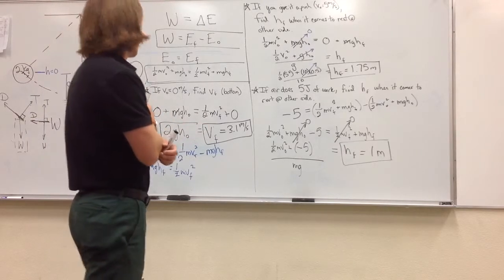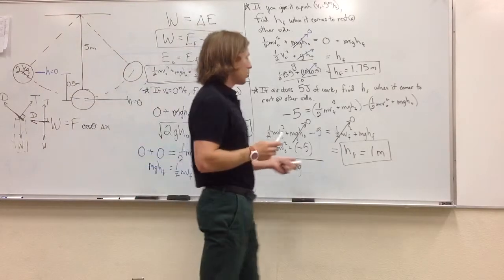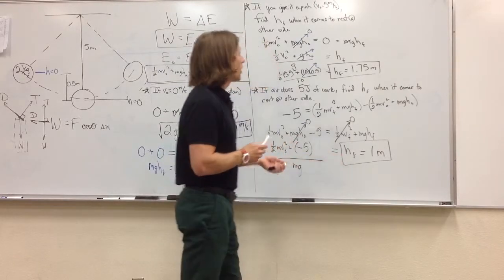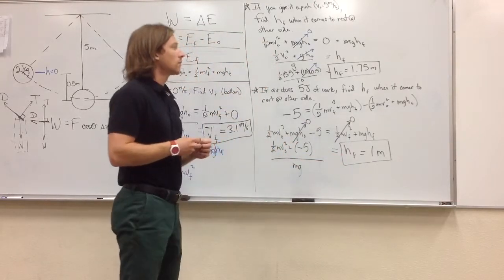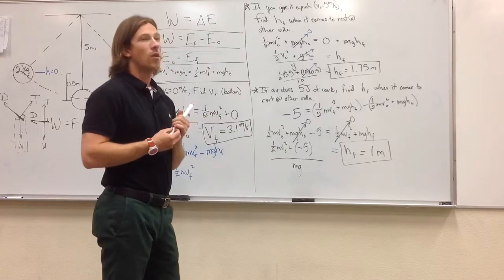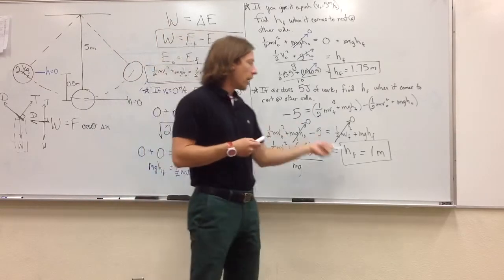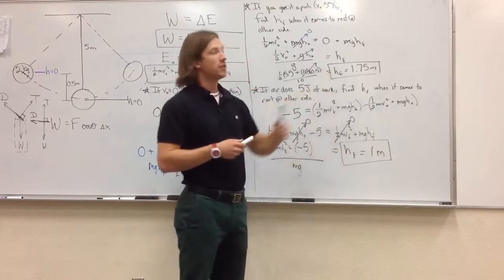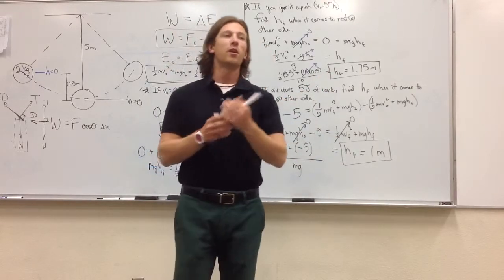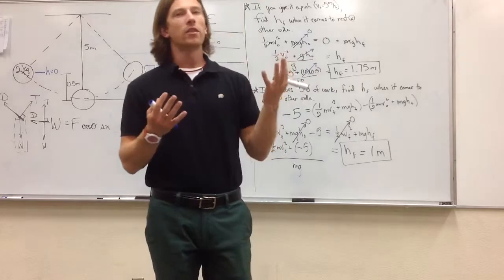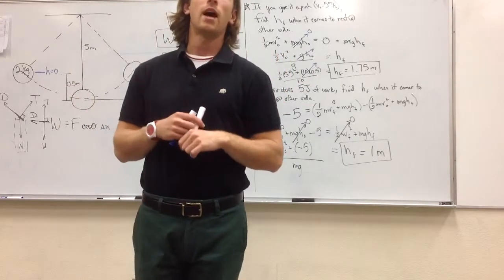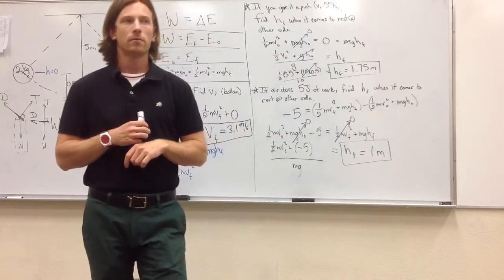My final height would be 1 meter above where it started, whereas before, when no work was done, my final height would have been 1.25 meters above where it started, or 1.5 above the bottom and 1.75 meters above the bottom, right? So if air does work taking energy out, obviously the pendulum's not going to swing up as high as it would have otherwise. All right?